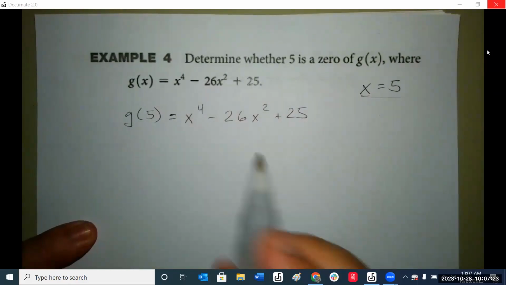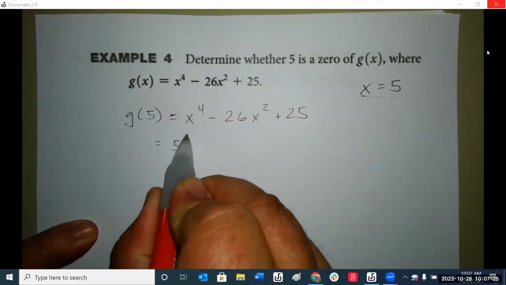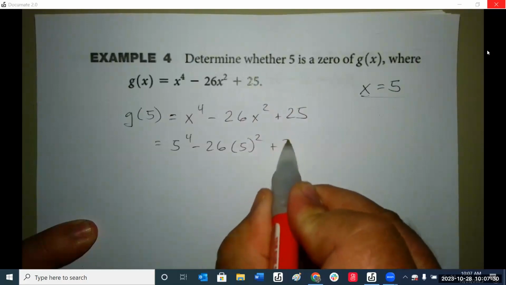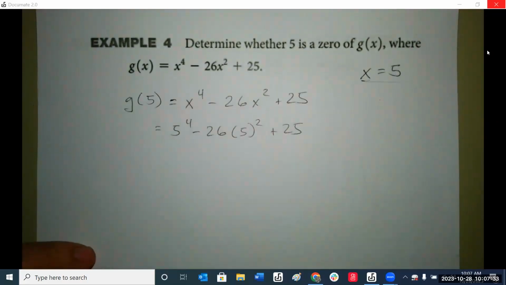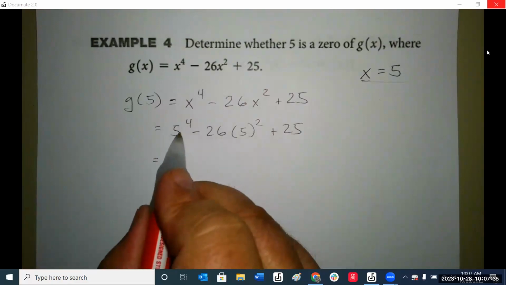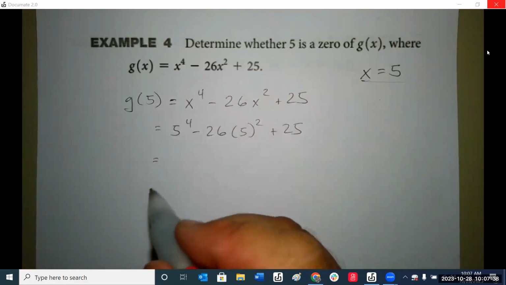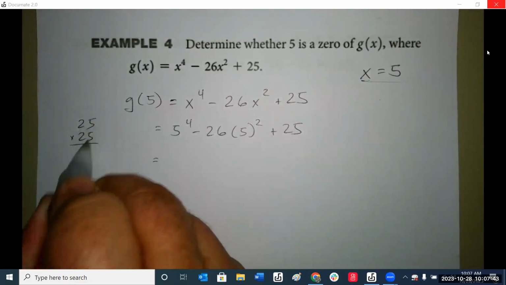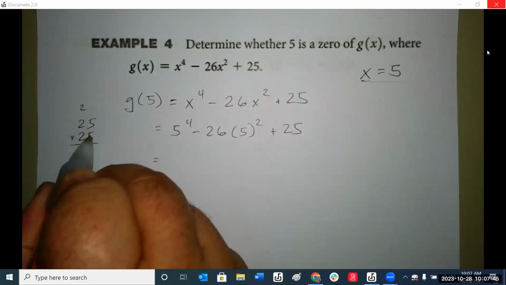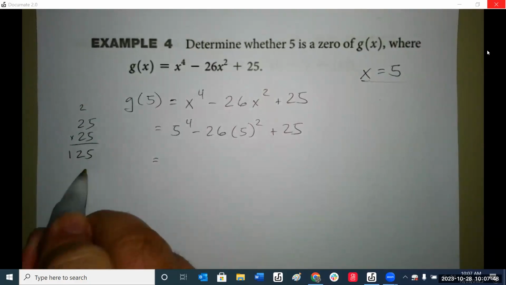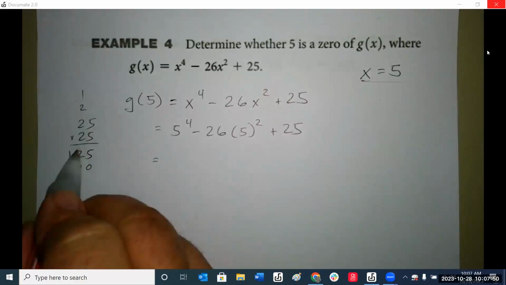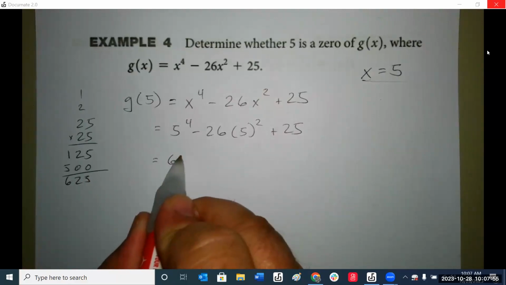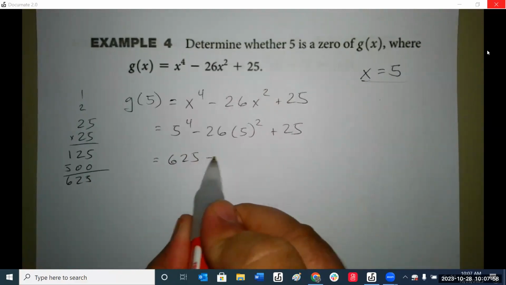Since x equals 5, I put it in there. 5 to the 4th, 5 squared, 25. 5 to the 4th is 5 times 5 times 5 times 5. So it's 25 times 25. 625.